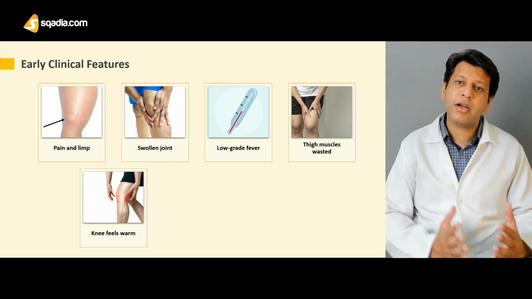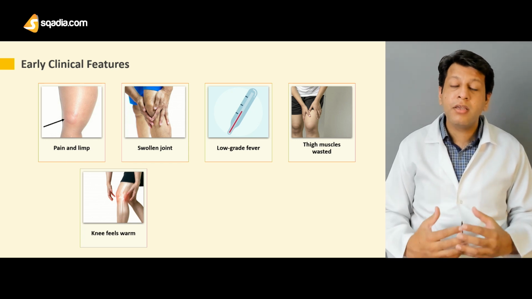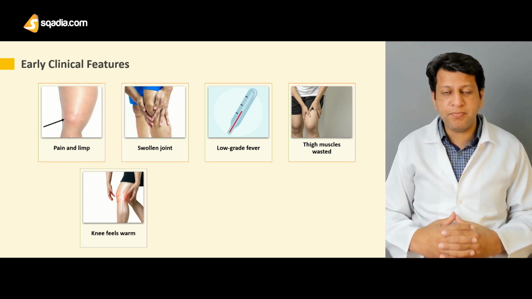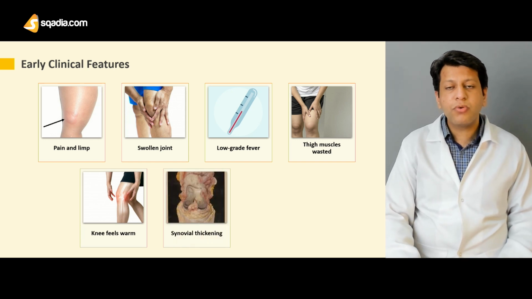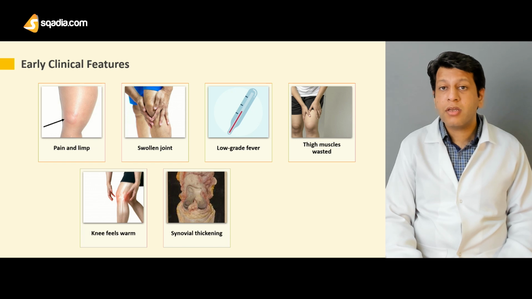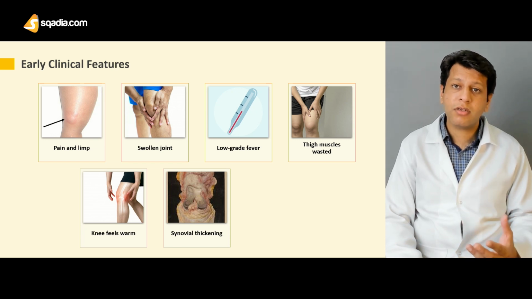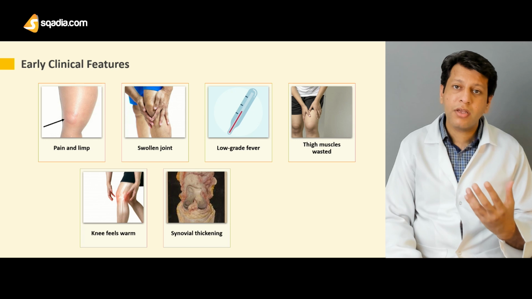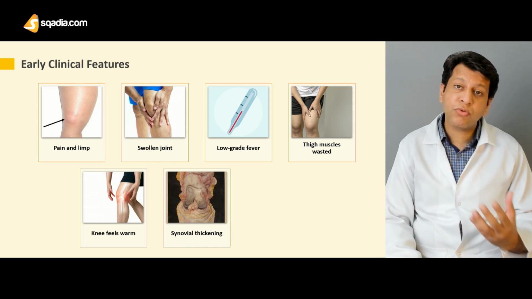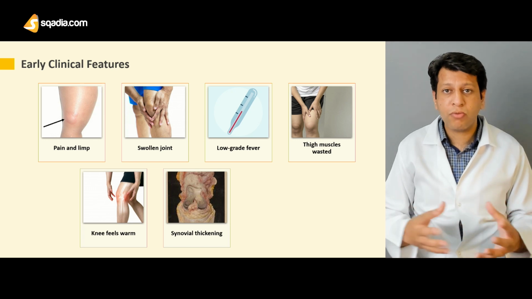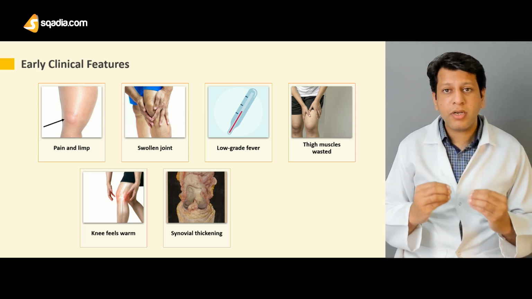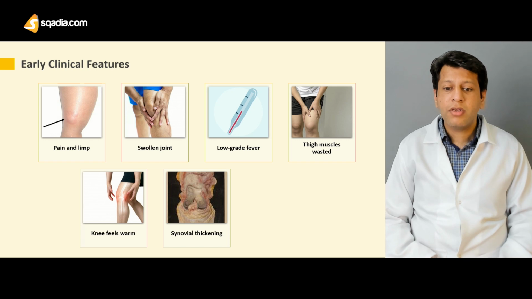Sometimes the reaction to that is such that the knee feels quite warm along with the swelling. Synovial thickening is usually not very apparent on clinical examination, but if we go for arthroscopy of a swollen knee joint of unknown etiology, usually the first thing we see is massive synovial thickening, and there are whitish plaques which can be seen over the synovium.